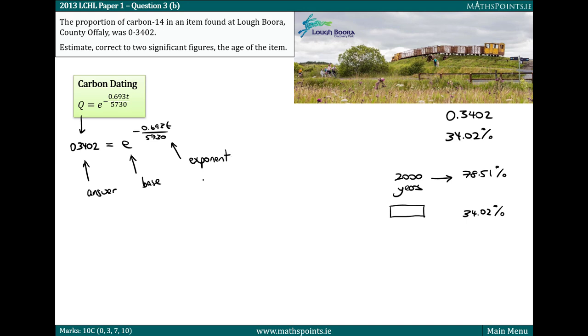And we know that if we have something in index form, and if we're trying to solve for a letter that's in the exponent, we need to change that into logs form. So we can change that into logs form by looking in our tables, and we have that the log of y to base a is equal to x, and we can rearrange this to say a to the power of x equals y. So we can go from logs form to index form.